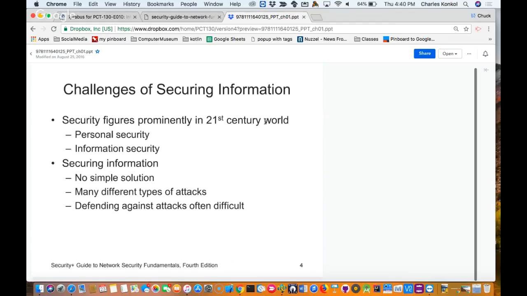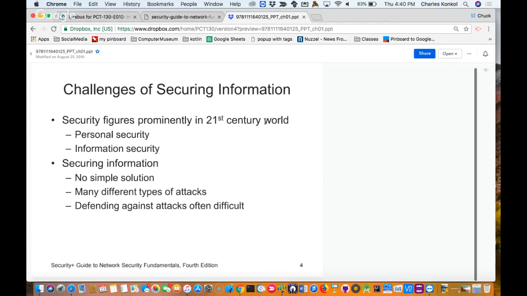And patents is another one that's big too in information security, especially in the Rockford region. Tons of companies in the Rockford region have patents on a lot of different things, from manufacturing to, the list goes on and on. Tons of patents put out every year. How do we secure that? So securing information basically is no simple solution.